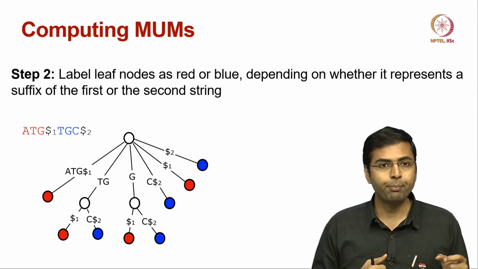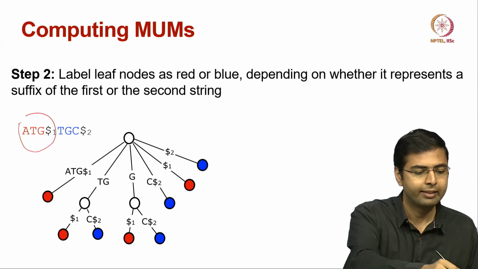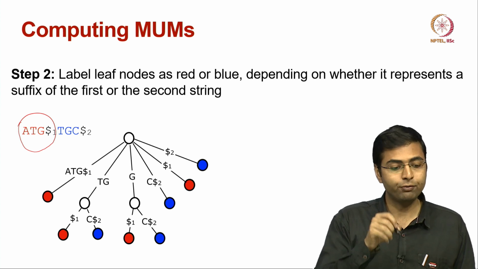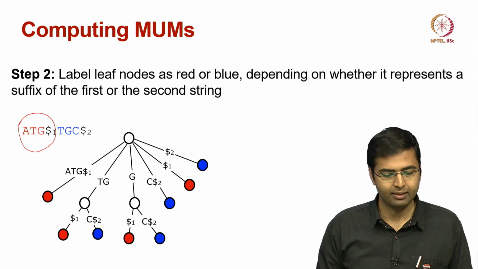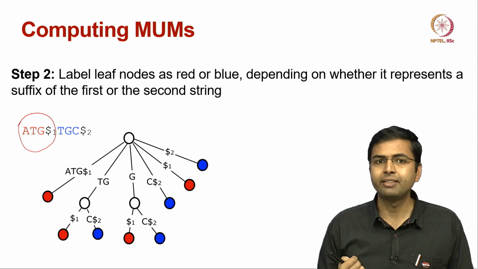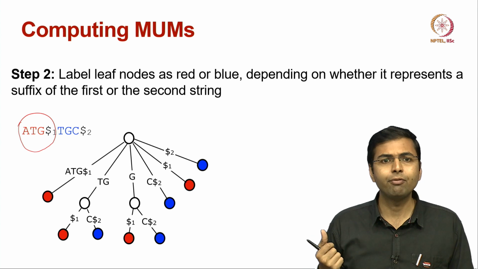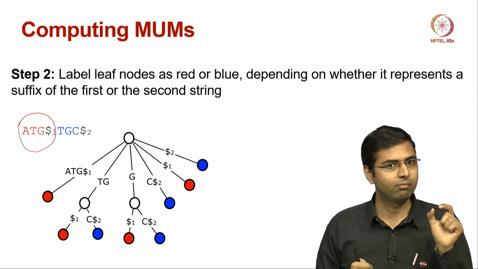If it represents a suffix of the first string, we label it red. If it represents a suffix of the second string, we label it blue. This is a trivial step, because all we have to do is traverse all the leaves of the tree, see where the suffix is coming from, and label the color accordingly.